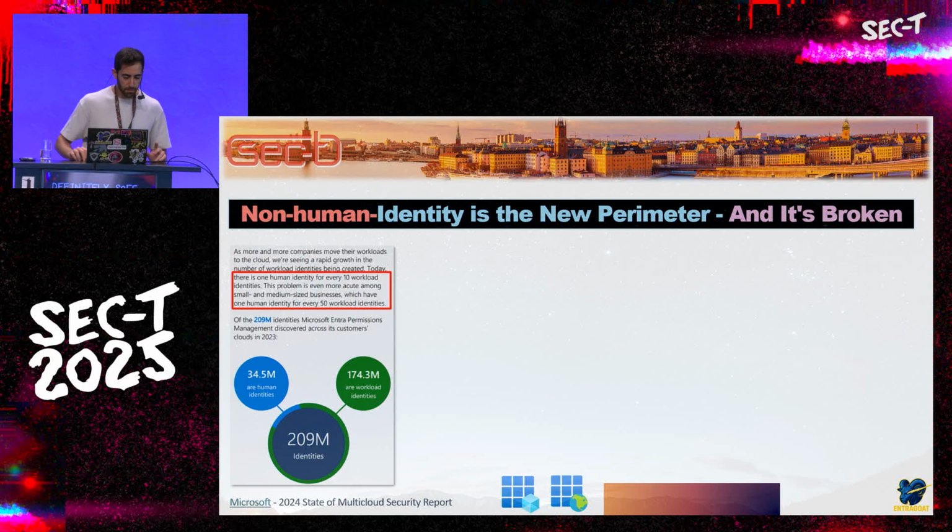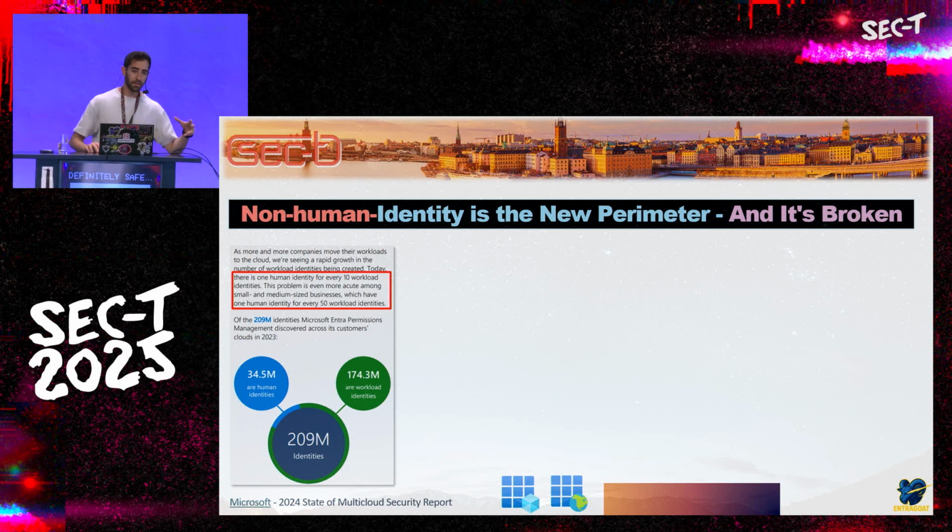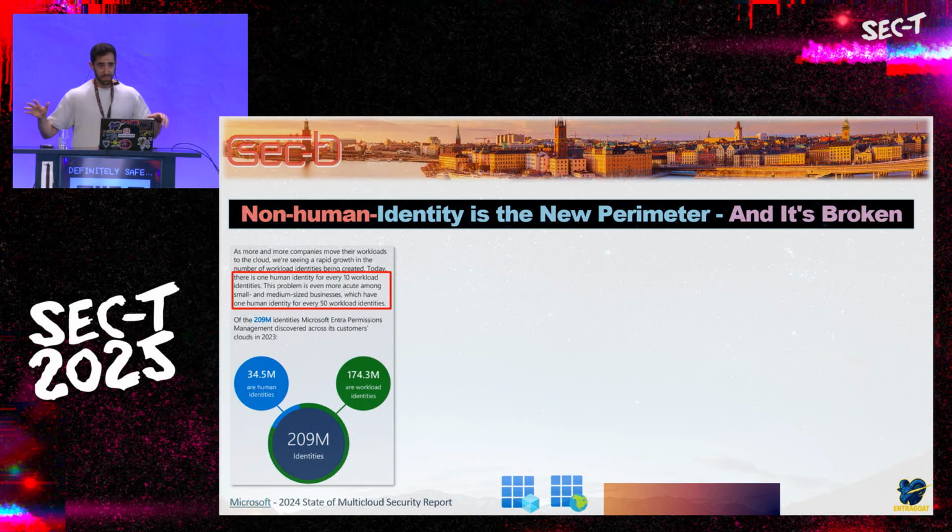This problem is even more acute among small and medium-sized businesses, which have one human identity for every 50 workload identities." They use the term workload identities to signify that it's not a human identity behind the scenes. It's some kind of service behind the scenes. So there is a 50-to-1 ratio between non-human and human identities.